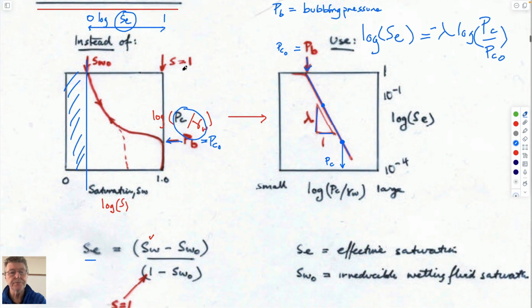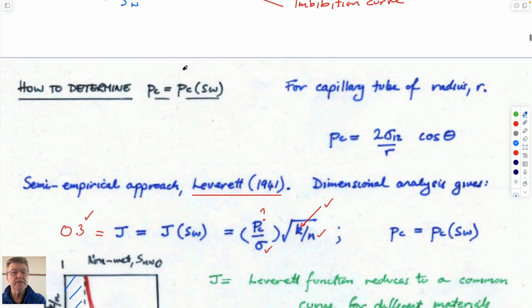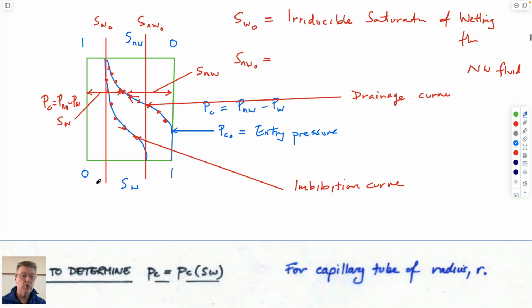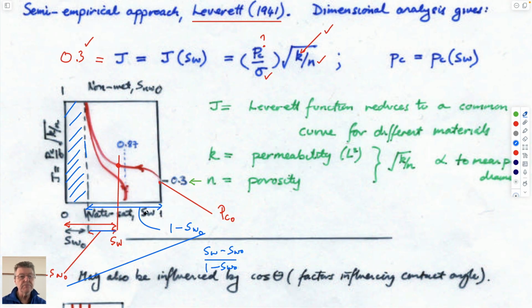So that's the deal. So bottom line, this is what the curve looks like in terms of all its attributes: drainage and imbibition, entry pressure or capillary pressure equals 0, irreducible saturations of water and the non-wetting fluid. We can parameterize it non-dimensionally. It's useful for us to know that this number is equal to 0.3.